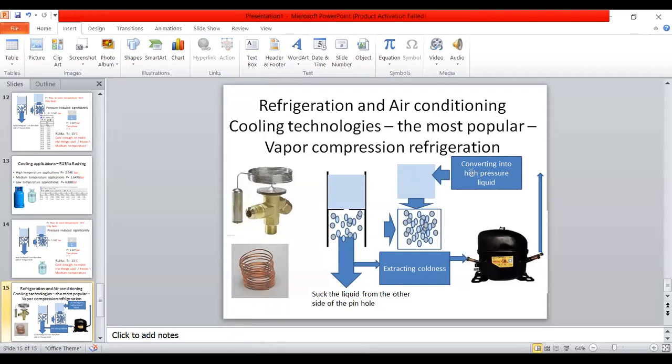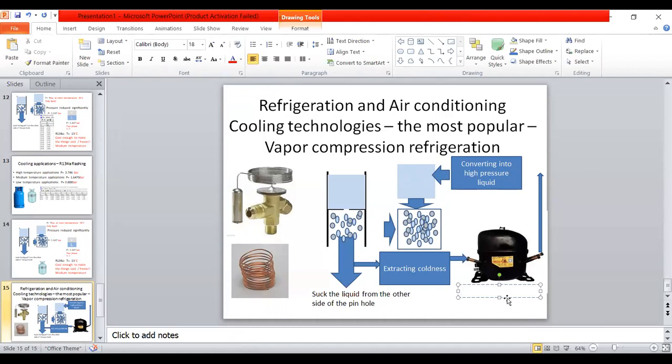Okay, so converting into high pressure means you have to compress this. So that's why we call this compression. Compressor.